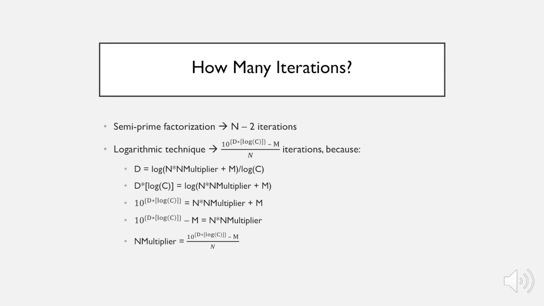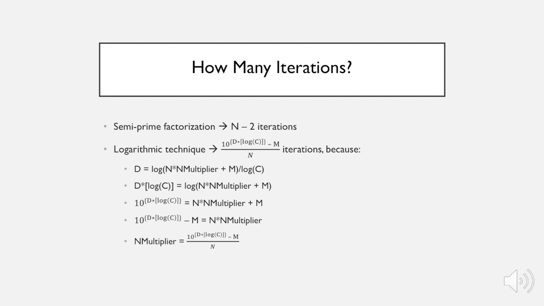Because the formula for solving for d through logarithmic techniques can be simplified to d is equal to the log of n times n multiplier plus m divided by the log of c, n multiplier can be isolated and solved for to attain the number of iterations it would take to solve for d. So, if d is equal to the log of n times n multiplier plus m divided by the log of c, then d times log c is equal to the log of n times n multiplier plus m, and then 10 to the d times log c power is equal to n times n multiplier plus m.